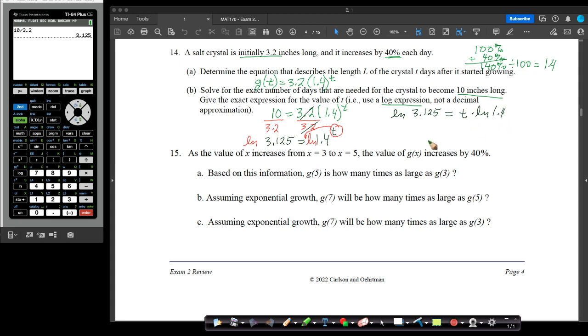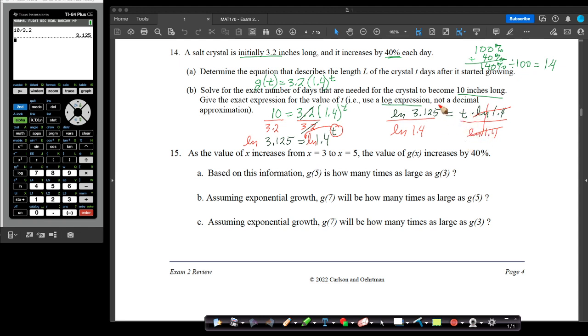And now all that's left to do is to divide both sides by the natural log of 1.4. The reason we do that is because natural log of 1.4 divided by natural log of 1.4 is 1. They cancel each other out, right?